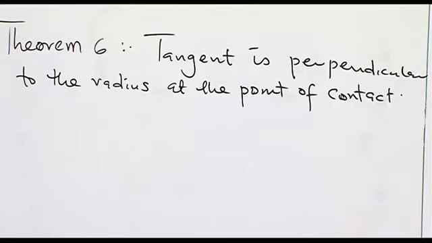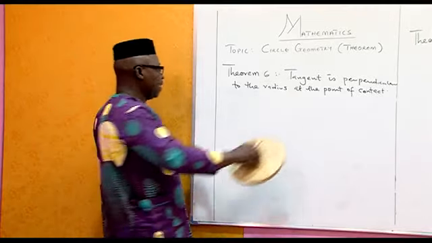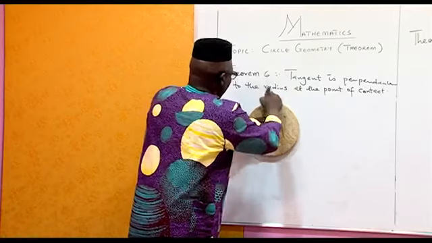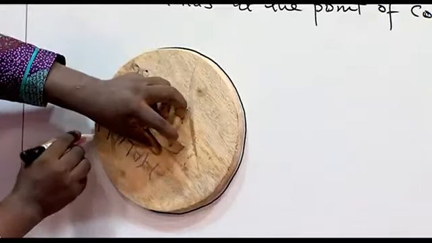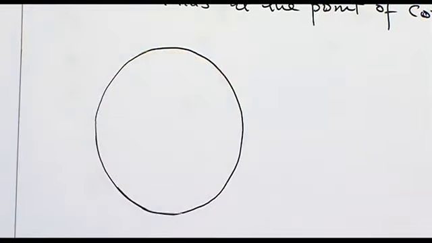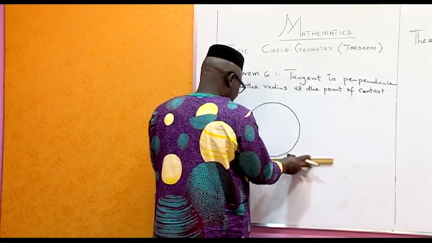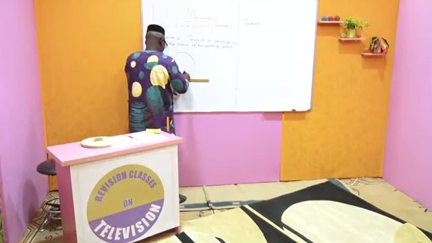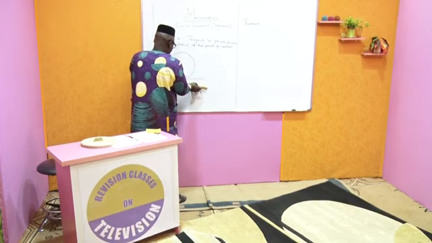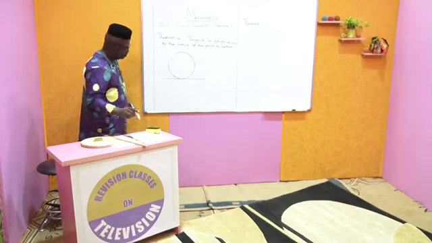Let me illustrate this particular theorem with a diagram. If I have a circle as shown on the board, and there is a tangent. A tangent is a line that is just making a contact with the circumference of the circle.